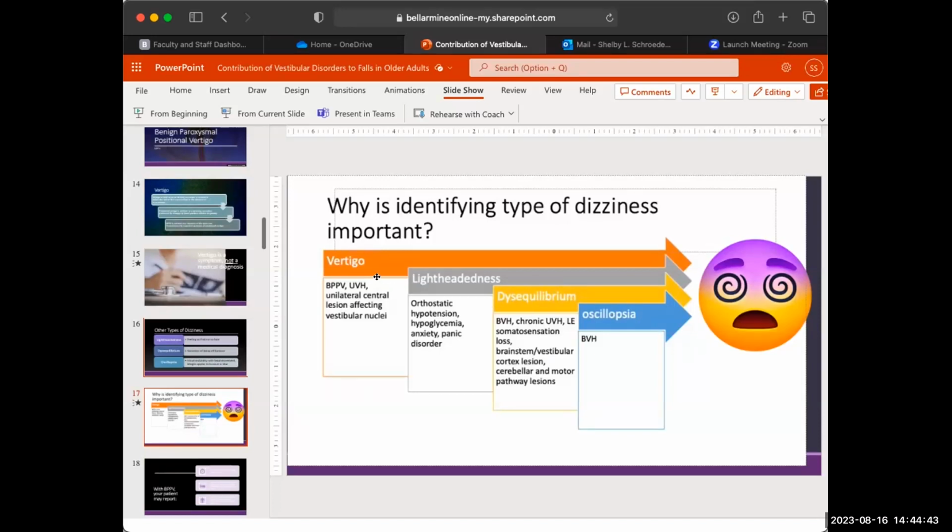We've got BPPV and nerve issues related to vertigo. Lightheadedness can be hypotension, hypoglycemia, anxiety, or panic. Feeling off balance is a whole list of things, some related to the inner ear, some related to the brain. And the bouncing of vision is generally related to a hypofunction of both ears.